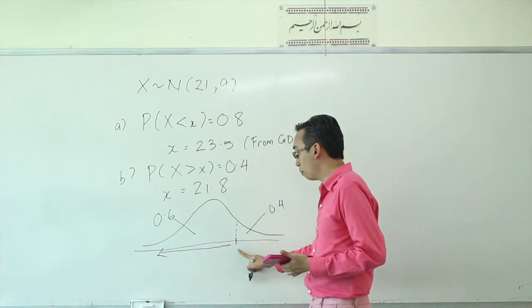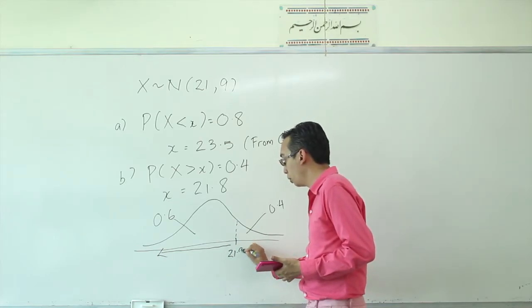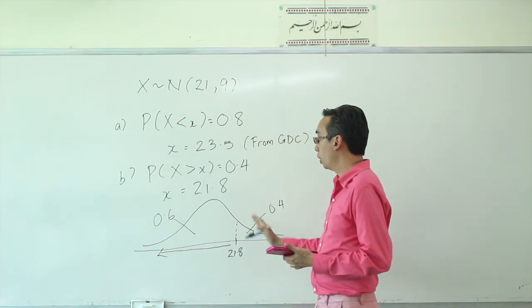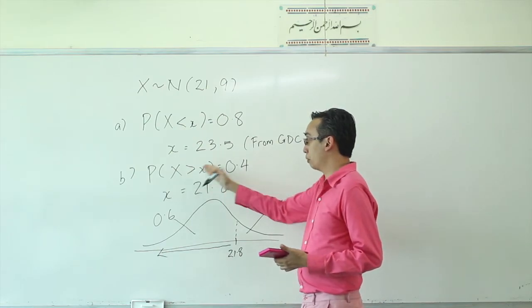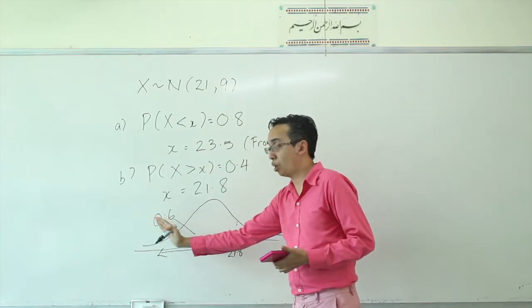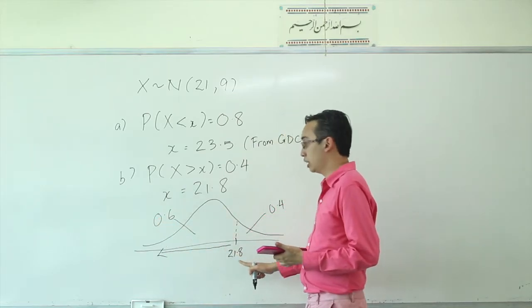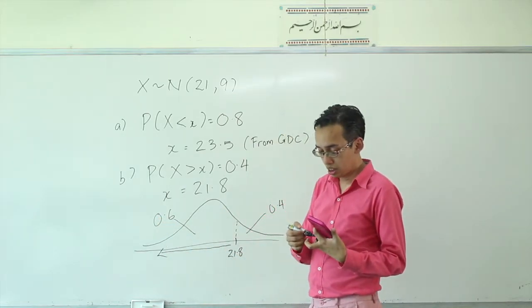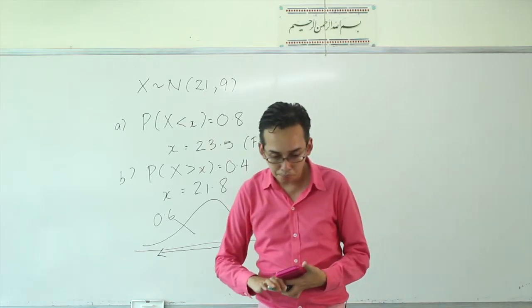But the particular point is the same point, 21.8. So if we were to calculate probability x less than x, for this case, all you have to do is find the complement, and you will still get the same number. So that's how we get part B.